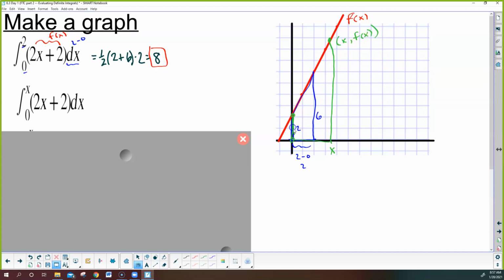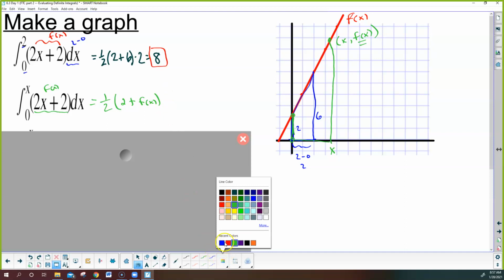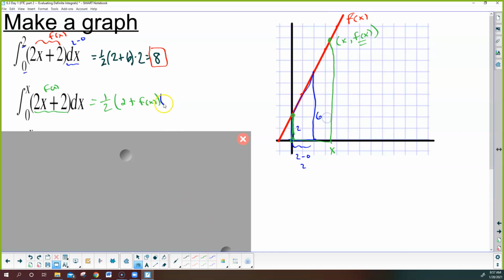So let's do this. It's still a trapezoid, right? If I shaded this whole green area in, it's still 1/2 base 1, which is still 2. Base 2 is the height. Well, what is the height? It's the y value. So we're going to call that f of x. But wait a minute, don't I know what f of x is? And then we would multiply by the change in x.